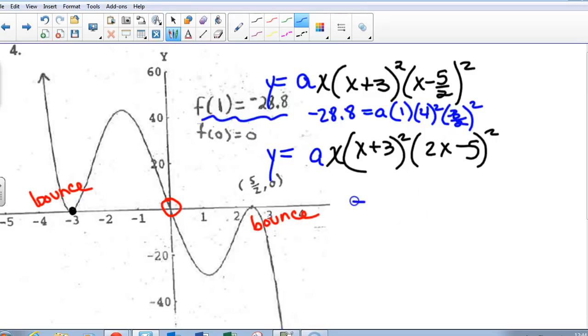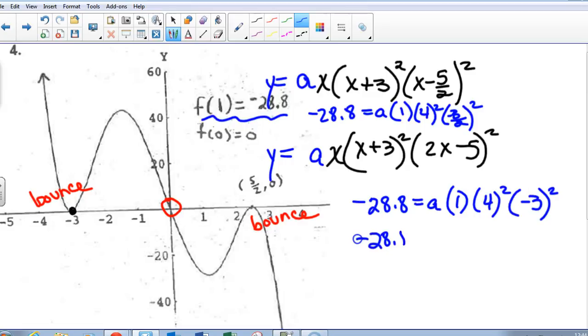Can I just do this one and be done with it? 1, 4, and 2 times 1 minus 5 is -3 squared. So we get 36. Did anybody get 36 over there? -3 squared is 9. 4 squared is 16. I lied, it's not 36.